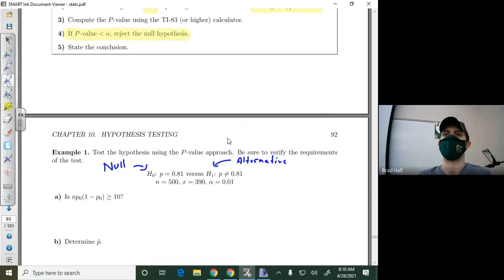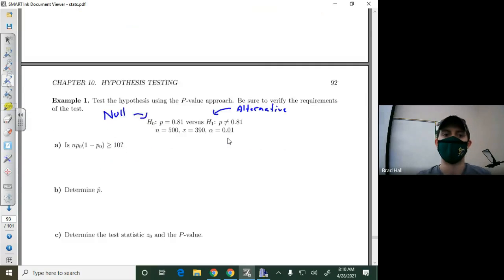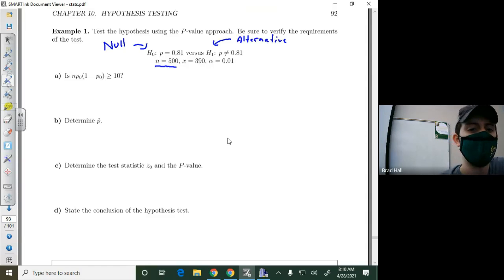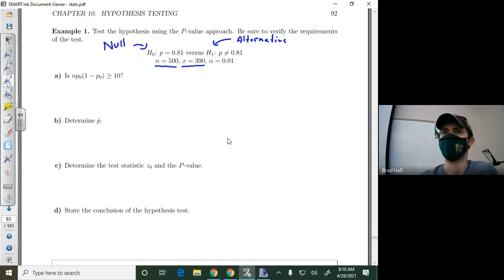So one claims that the probability would be 81%, and then the alternative hypothesis says maybe the null hypothesis is not correct. Maybe the percentage is some other number. It also tells you the sample size. Maybe they interviewed 500 people, and maybe 390 of them agreed to some characteristic.